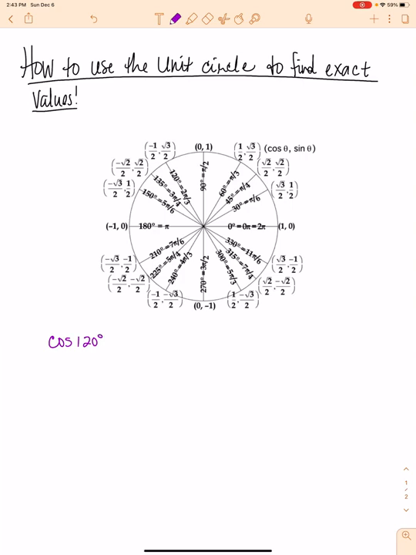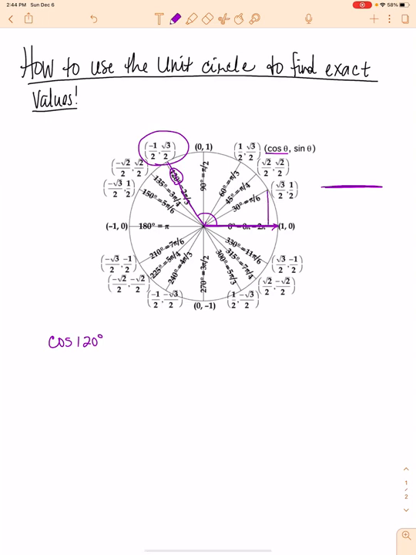Okay, so I'm going to start on the positive x-axis and I'm rotating in the positive direction because it's positive 120. And I'm just going to go to 120 degrees. So that is going to be this ordered pair right here. Remember that the cosine value is in the x value position because it corresponds to this direction, left, right, as we look at our unit circle.